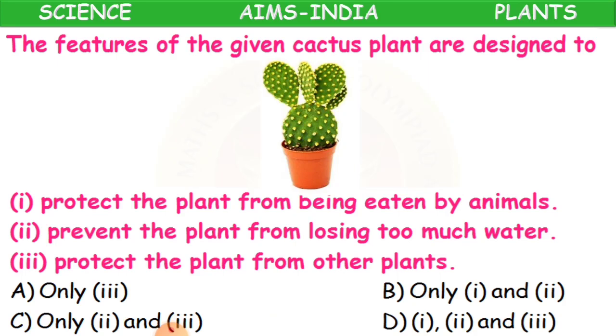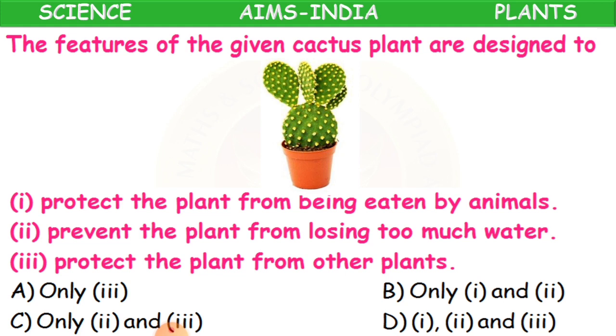The features of the given cactus plant are designed to. So here you have got a cactus plant and you have got some features, and we have to identify why these features are there for this plant.